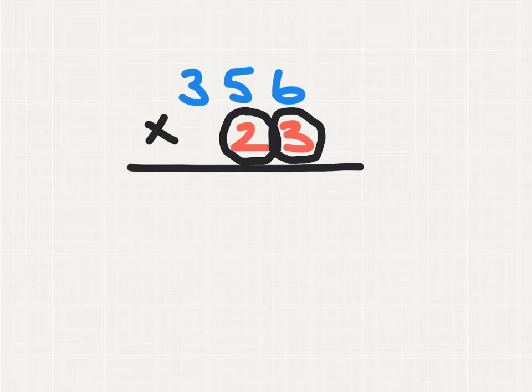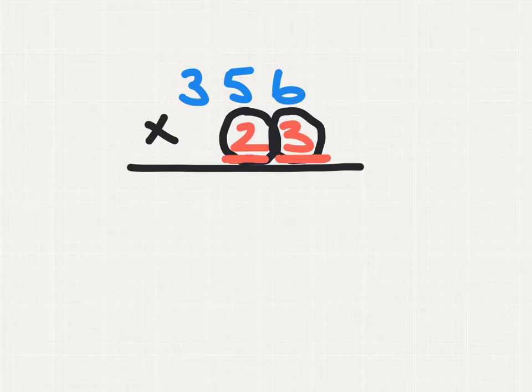Now, if you're confused by 20 instead of 2, here's what I would say. The 3 is in the ones place, and the 2 is in the tens place, and 2 tens would be 20. Let's go ahead and go through this example, and I think you'll see what I mean.